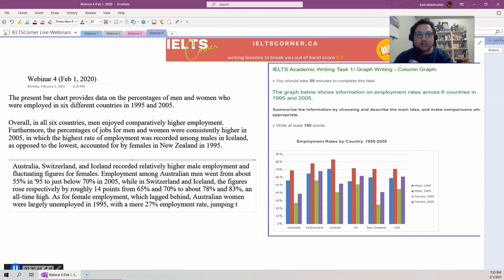Jumping to 40 in 2005. Swiss and Icelandic women fared better in comparison, with 55% to 78% and 41% to 52%, respectively, approximate increases in employment.